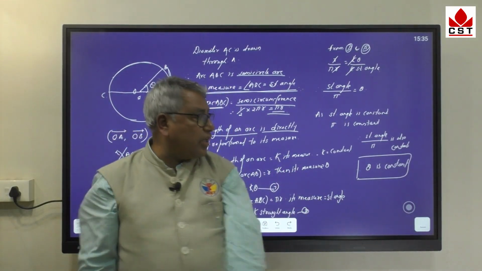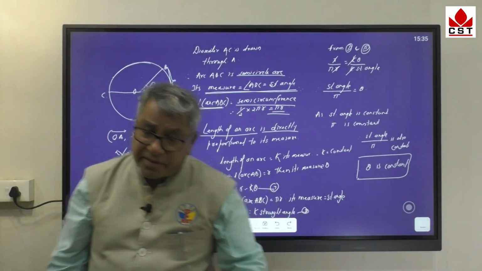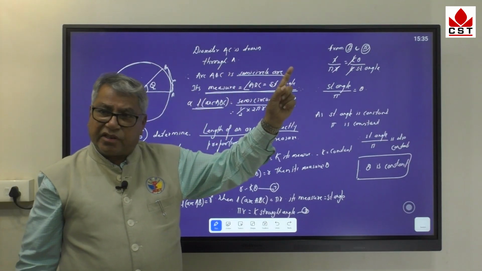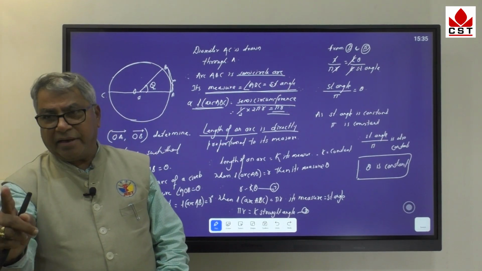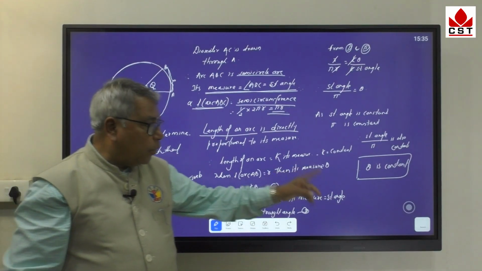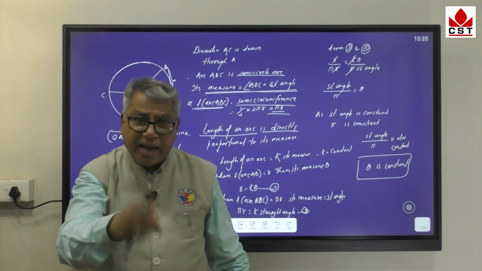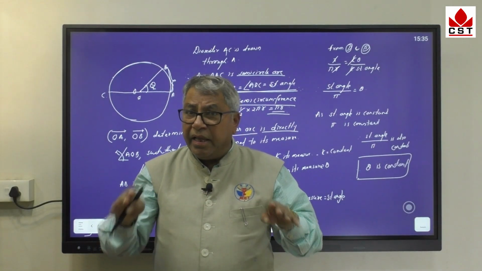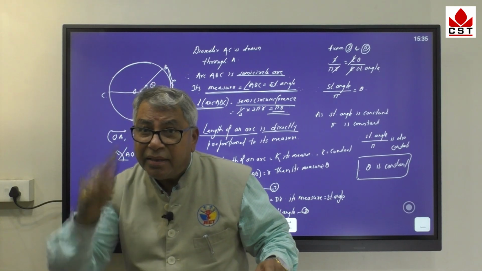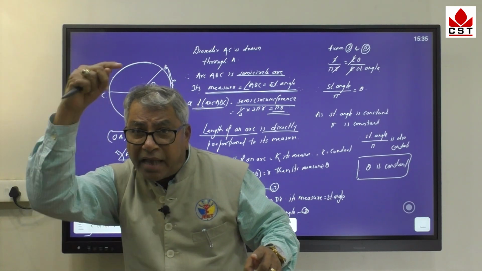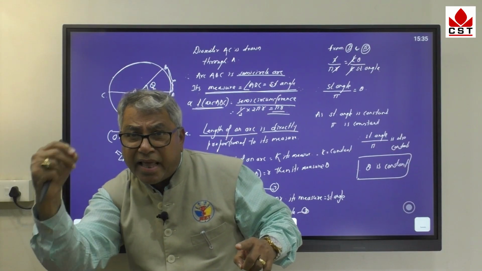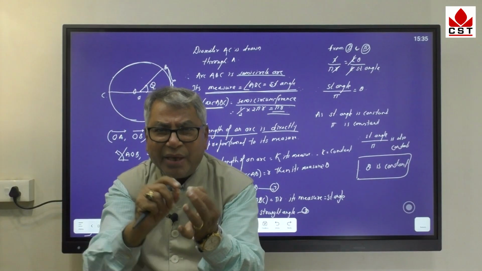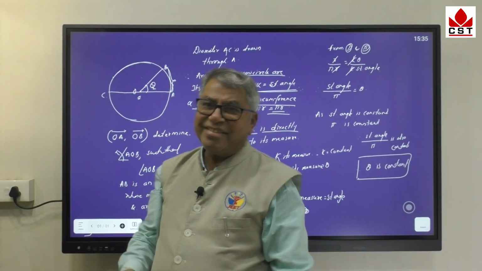Since theta is constant, it is taken as a unit for measuring the angle in circular system, and that is known as a 1 radian. That's why we have defined that 1 radian angle is the angle made by the arc of the circle whose length is equal to radius of the circle at the center, which is always a constant. And this is taken as a 1 radian.